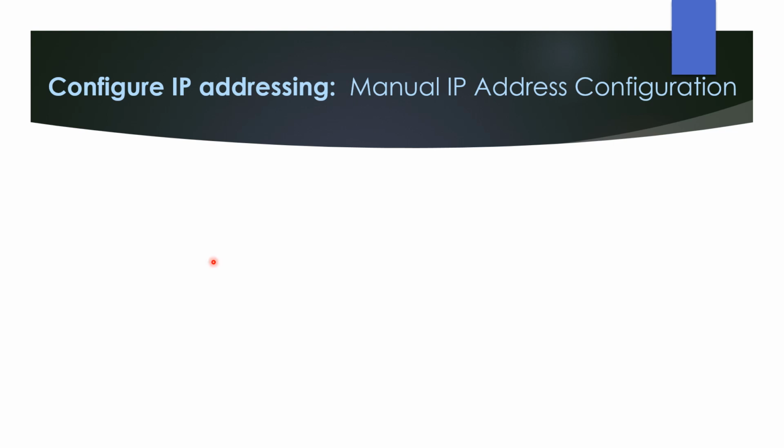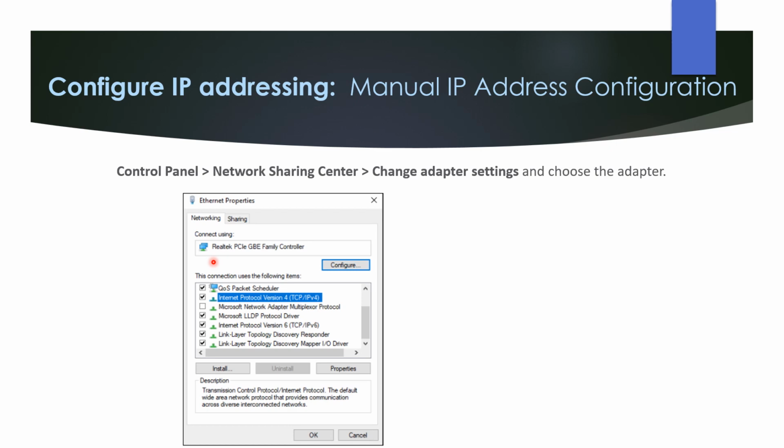To configure that manually on a Windows host, you have to open Control Panel, Network and Sharing Center, Change adapter settings, and choose the adapter. Next, right-click on it and select Properties to display the local area connection, as shown here in this figure.